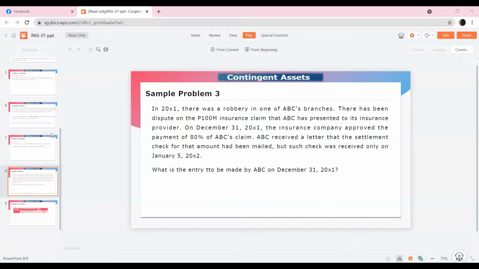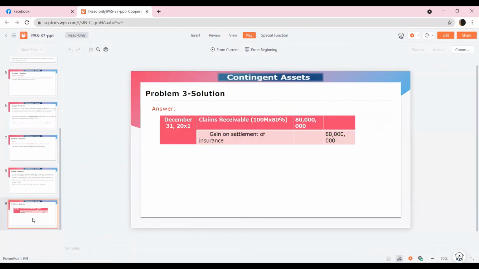So, ang magiging entry natin dyan, ito yung example ng virtually certain, yung 100% yung chance of occurrence. So dito, ang magiging entry natin pagdating na December 31, 20X1 is claims receivable, debit, and credit gain on settlement of insurance. 100 million times 80%.